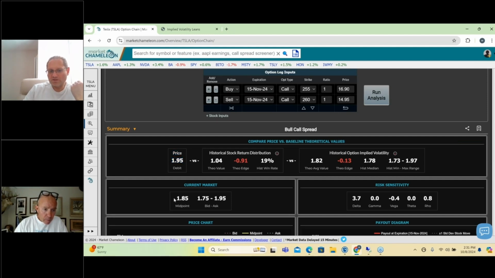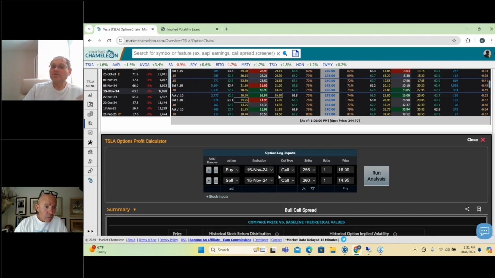You could see midpoint 1.85, but that would be something that perhaps you could negotiate better, because there appears to be an interested party on the sell side from one side, and an interested party from the buy side on the bid side. So that's one way to look at opportunities for spreads. And of course, it doesn't have to be just vertical.